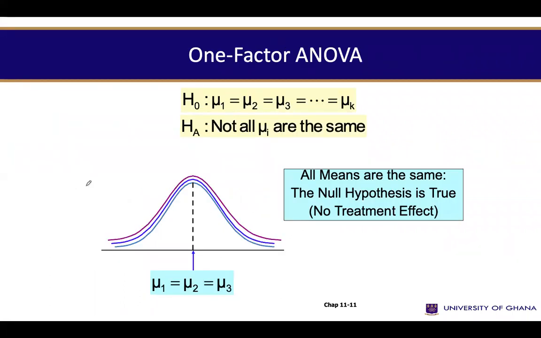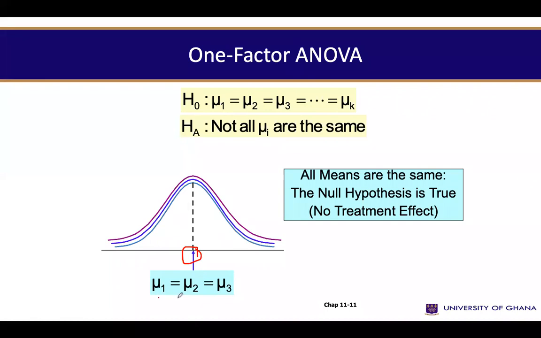So this is how we expect the null hypothesis to look if it is true. If all the means are the same, then we expect that they all have the same average score. So you see that all the populations are normally distributed and they are centered around the same mean.